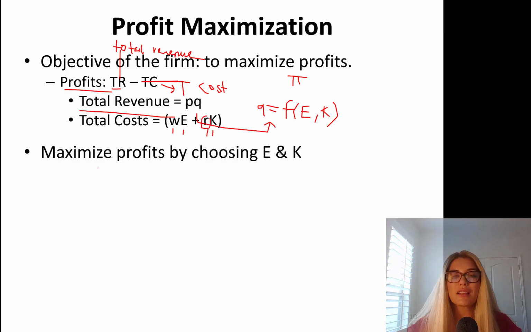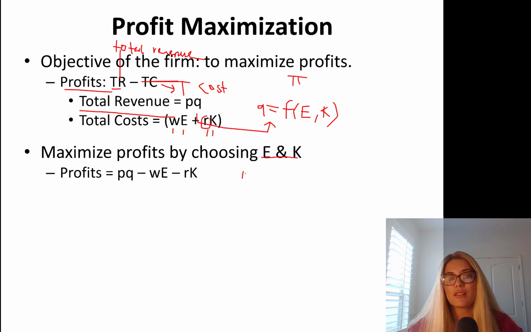So we are going to maximize profits by choosing employment level and capital, and we're going to maximize this profit function. Your profits are going to be a function of both. This is a long run profit function. Why? Because capital is variable too. So price times, for quantity, I'm going to put F, the production function.